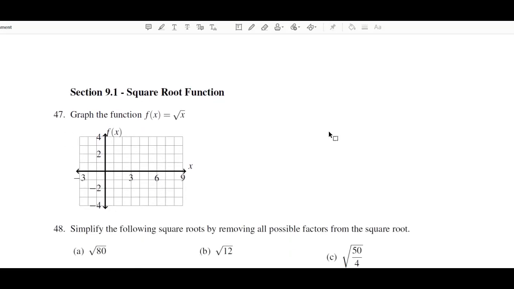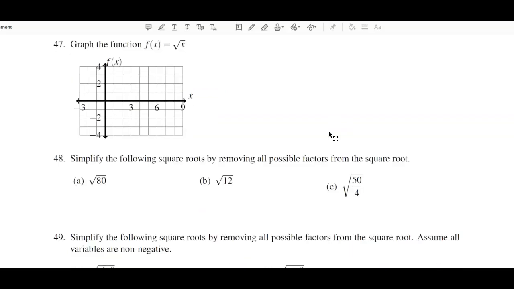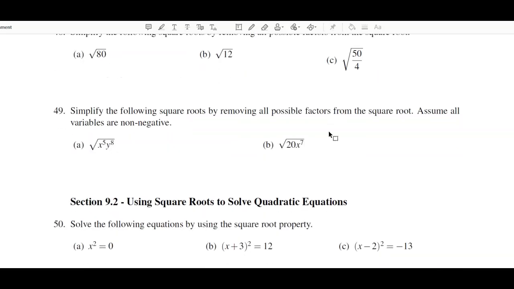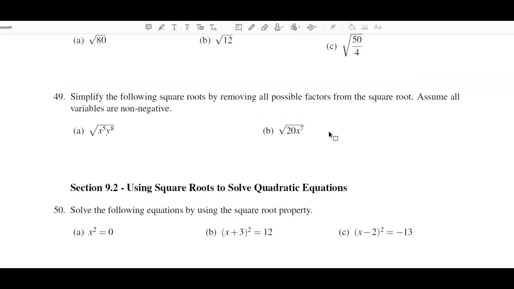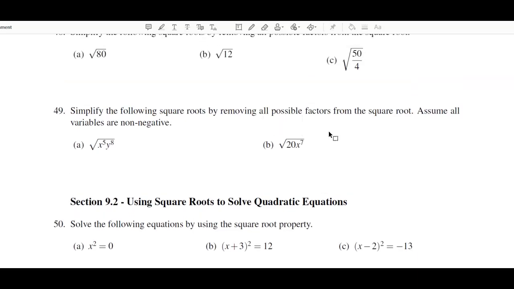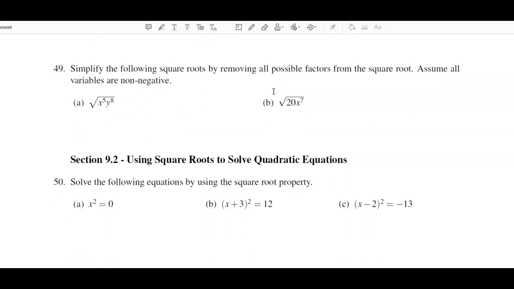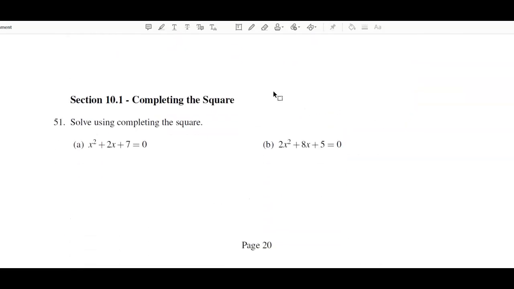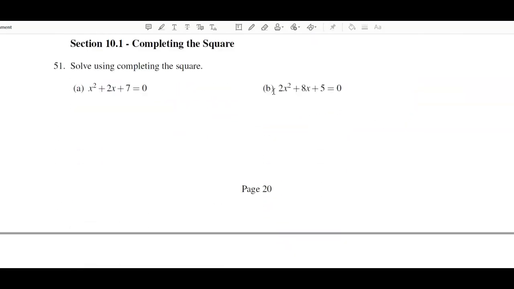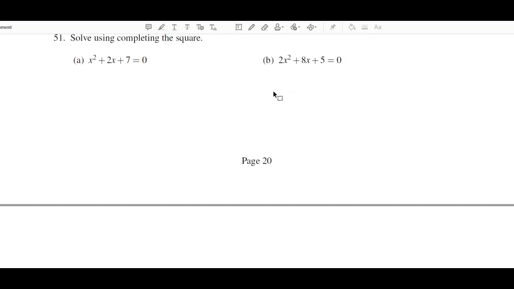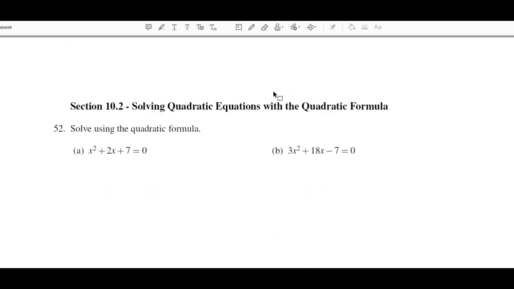All right, so if we're taking a look at maybe some of these other things that we talked about before, being able to simplify the square roots, and we did some of those on the other review too, so I think that's good. And the completing the square is good on that.